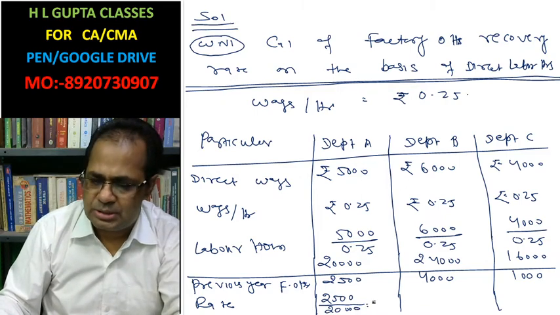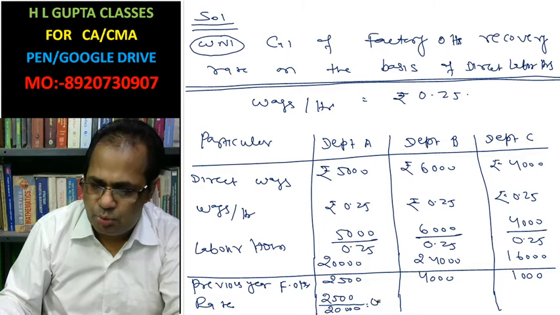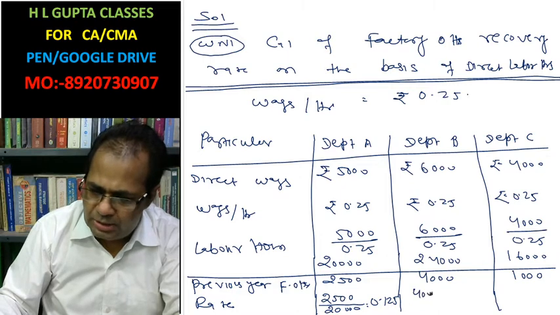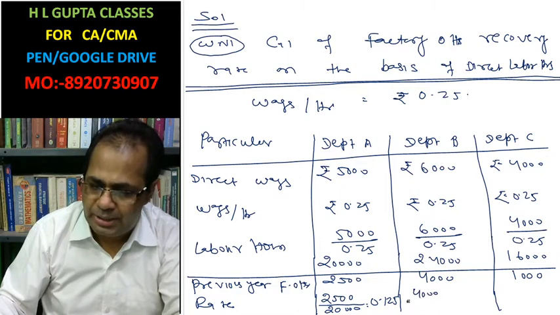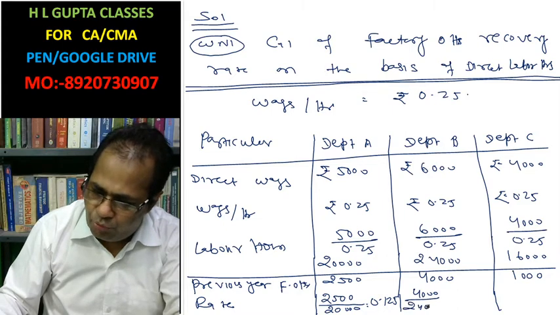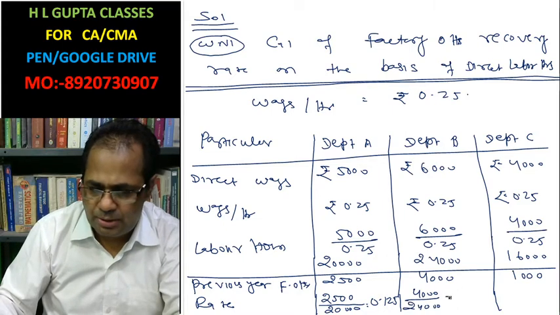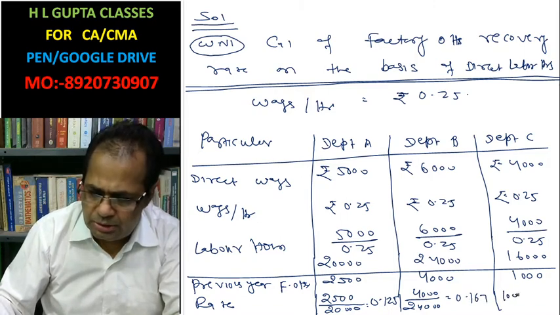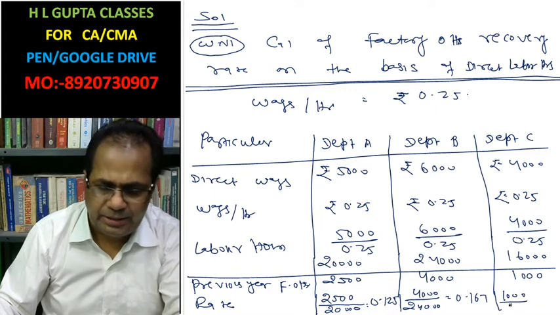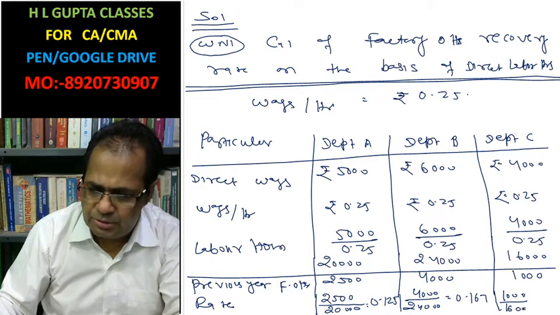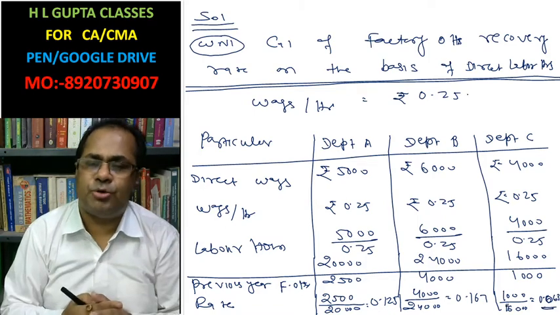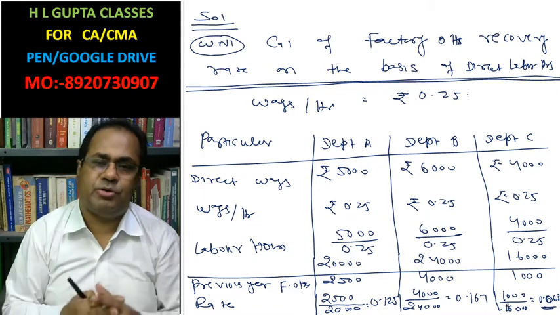This is a rate of 0.125. Then 4,000 factory overhead for 24,000 labor hours is 0.167. And 1,000 factory overhead on 16,000 hours is 0.063. This is the calculated factory overhead rate.